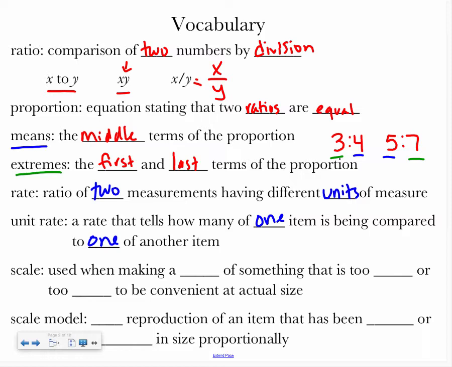Alright, and then we have a scale. A scale is used when making a model of something that is too large or too small to be convenient at actual size.